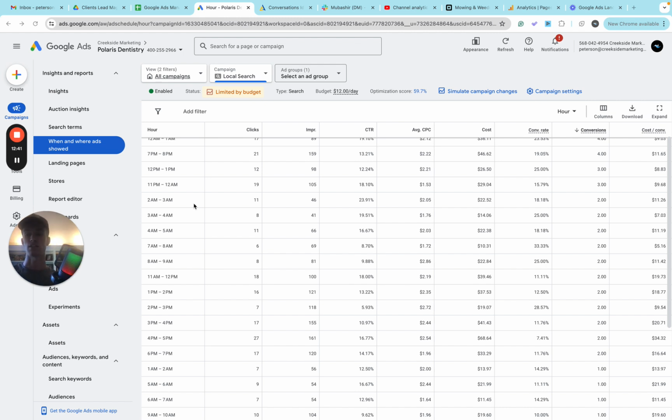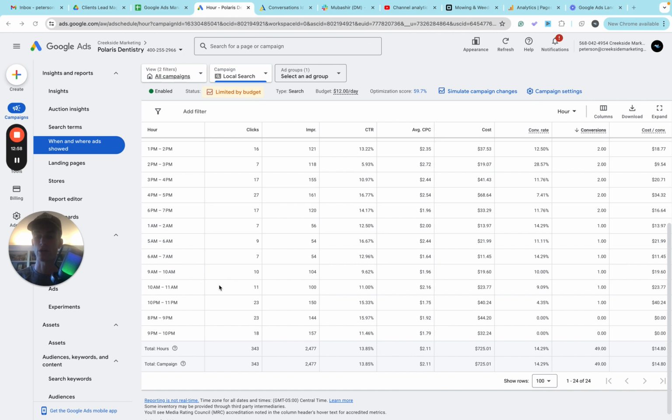We don't just want to block these off because they typically don't perform well, because your campaign could actually be getting good performance at these odd times of night because there's just not a lot of competition, so it's easier to get your ad in front of people who are going to convert.